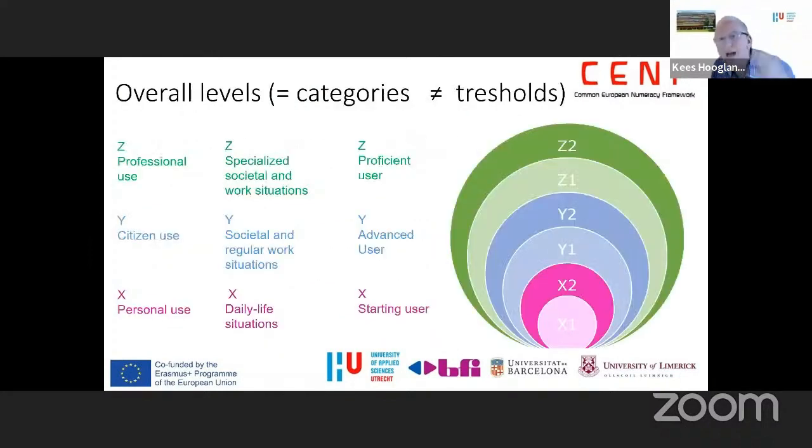And we try to differentiate a bit between levels. We say we have a level of personal use, how people use numeracy at home, how citizens use it with the media and with reading the newspaper, etc. And we have a kind of professional use, of course. Some people use it in daily life and use it a lot. So we try to distinguish a bit between those kinds of learners and between the material they need.